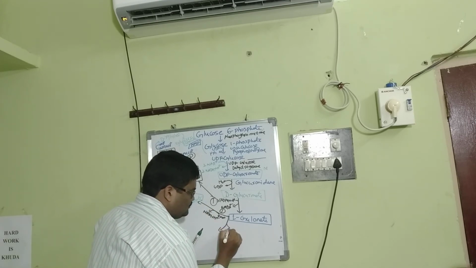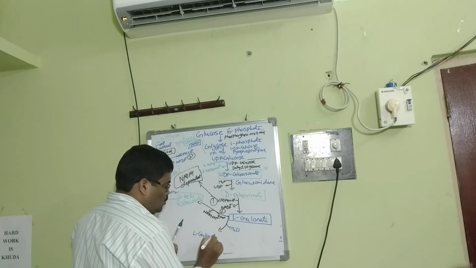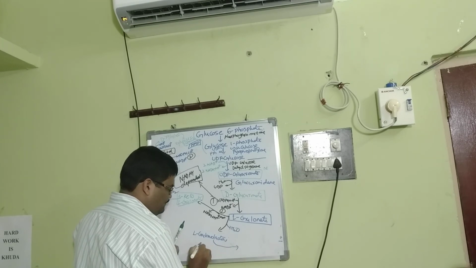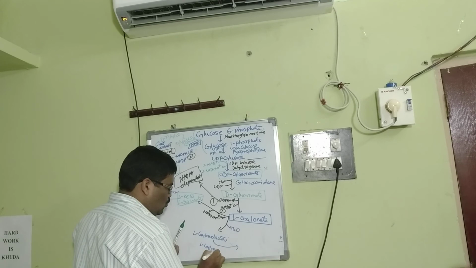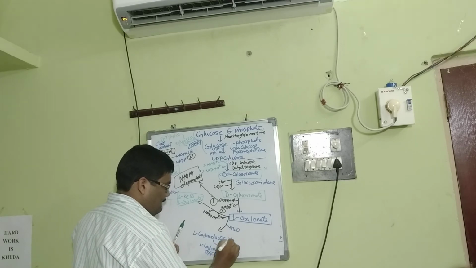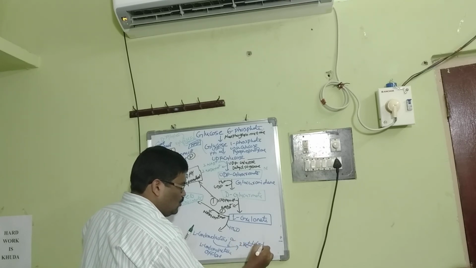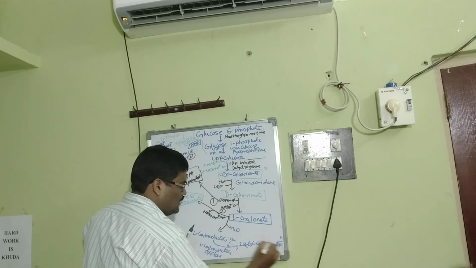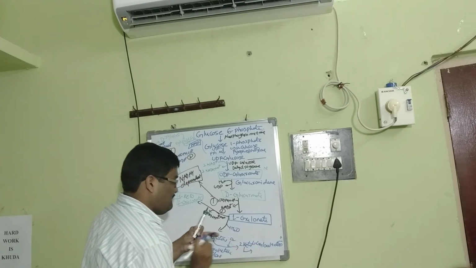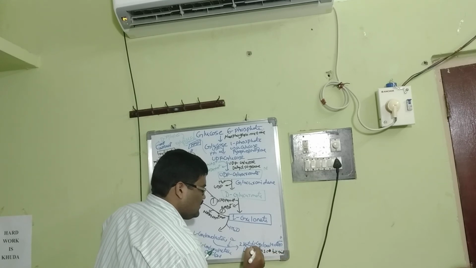Here H2 will be removed, forming L-gulonolactone, and this L-gulonolactone, catalyzed by the enzyme L-gulonolactone oxidase, forms 2-keto L-gulonolactone, and this 2-keto L-gulonolactone becomes L-ascorbic acid. This is very important.